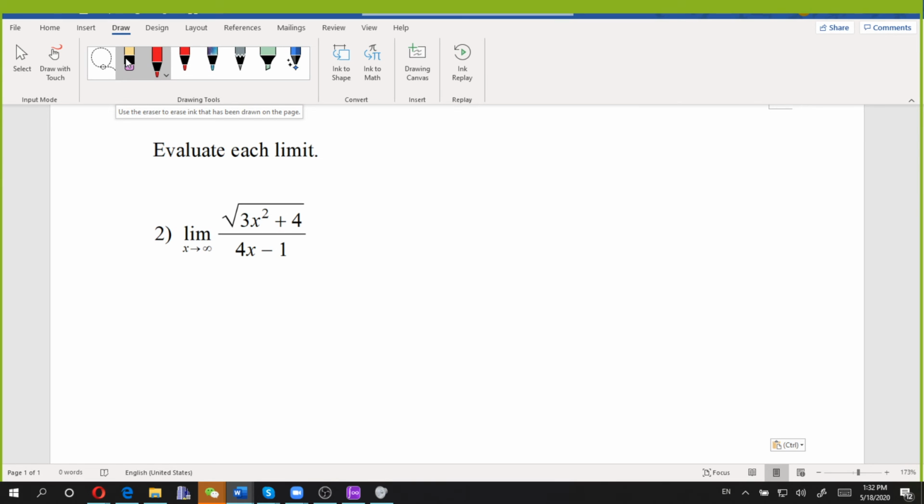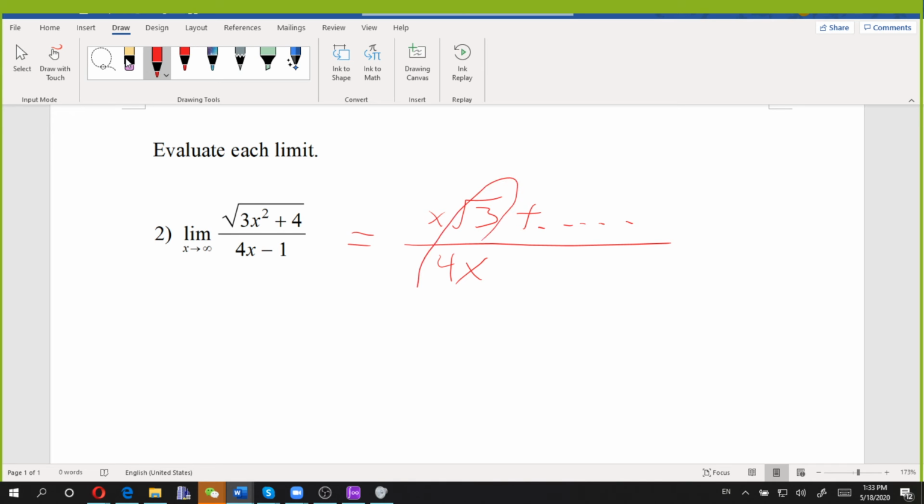I'm going to look at which side has my largest power. Right now I've got x root 3 plus something else on top. And I've got 4x on bottom. Because my largest powers are the same, I'll end up going to the fraction of my coefficients, which is root 3 over 4.